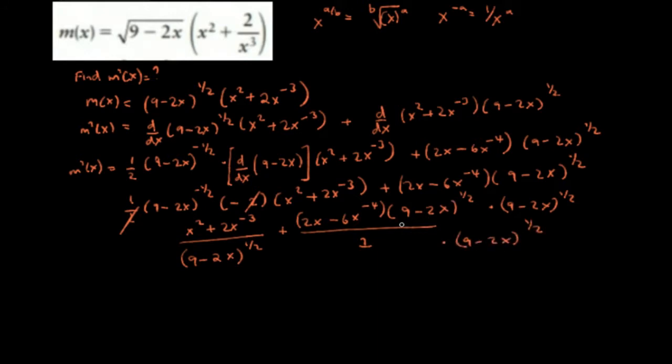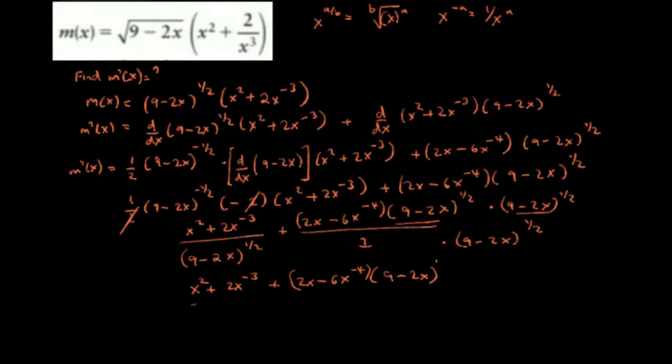You can notice that because you have the same base and you're multiplying, the exponents will add up. So when you do that, you basically get x squared plus 2x to the power -3, plus 2x minus 6x to the power -4, times 9 minus 2x to the power 1.